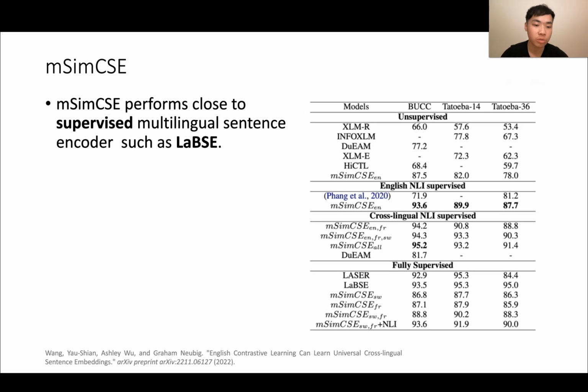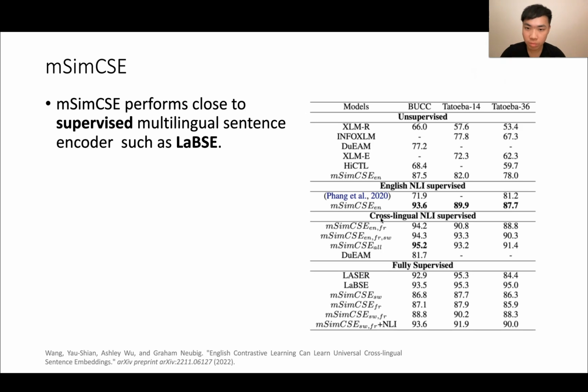This model is trained with a lot of translation pairs, so it's fully supervised. So the result achieved by the SimCSE model is very surprising to me. And I expect that there should be some different ways to improve this kind of unsupervised multilingual sentence encoder model.